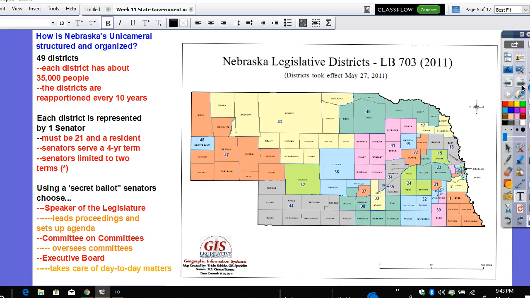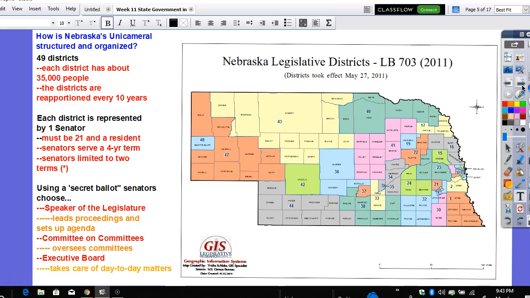You'll notice that District 23, land size-wise, is much larger than District 15. Why is that? Every 10 years, our districts are reapportioned, they're reshaped, the borders are refigured, because our state has a goal that each district is going to represent about the same number of people.